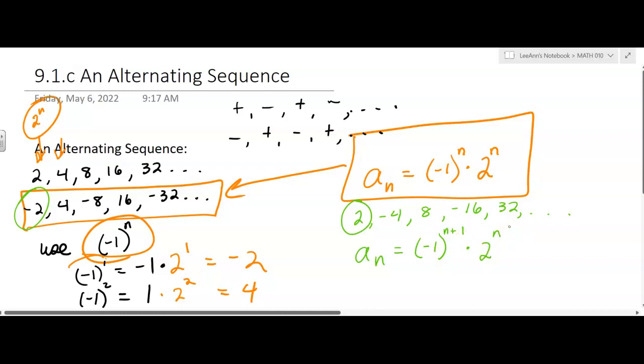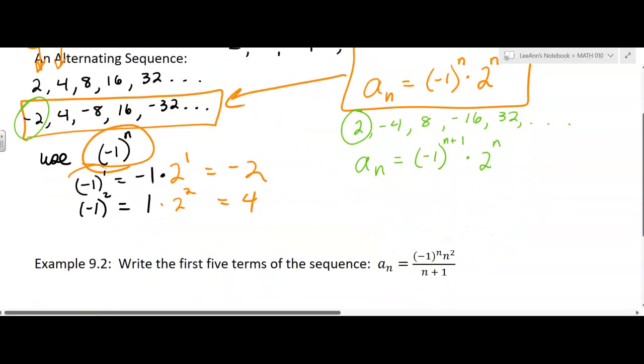If you put in a 1, so a sub 1, you'd have -1 to the 1 plus 1 times 2 to the first. And that would get you -1 squared, so that's going to be positive now, and 2, so that's going to get you the 2 that you want.